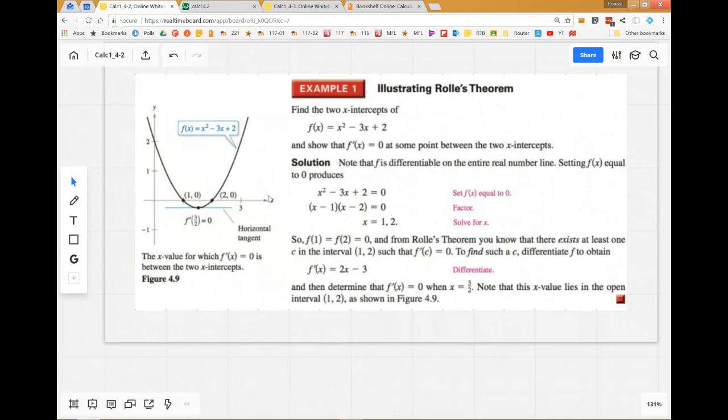And now we certainly can take the derivative of x squared minus 3x plus 2. And what is it? 2x minus 3. When is that derivative, 2x minus 3, equal to 0? We would just set it equal to 0, and real easily we can solve. Sorry, I'm having a little trouble writing on my screen here. This is just a 2.